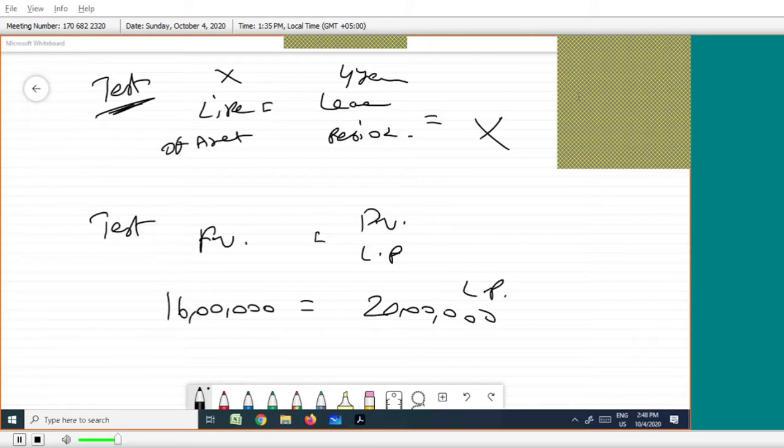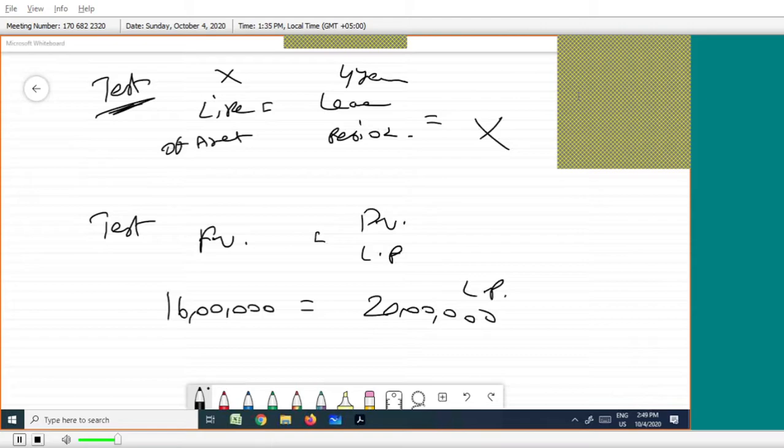Vijay, less. Darshini, more than fair value. Yes, more.